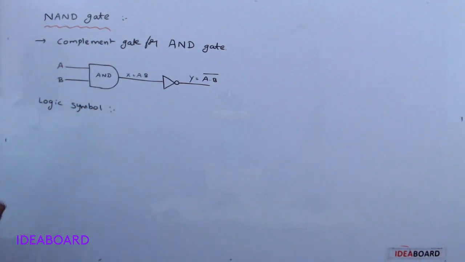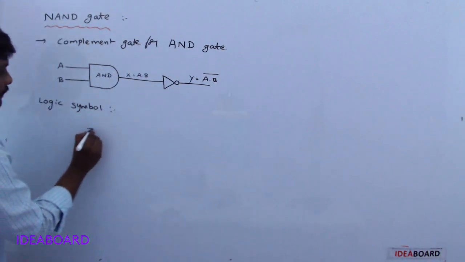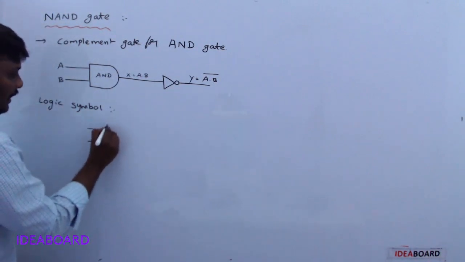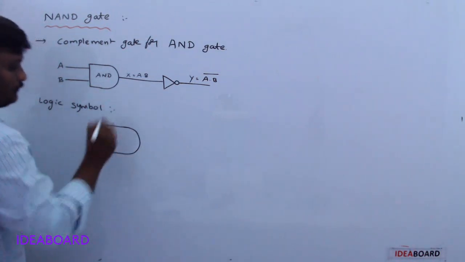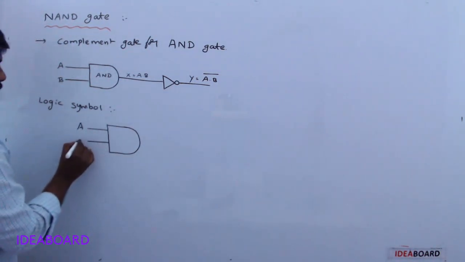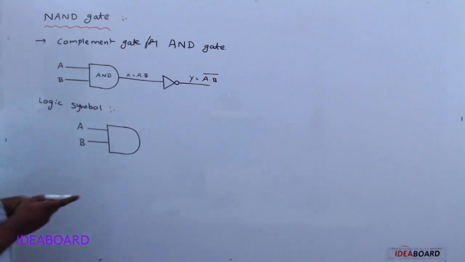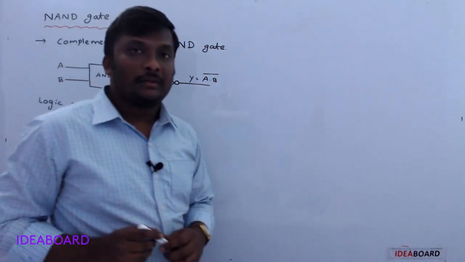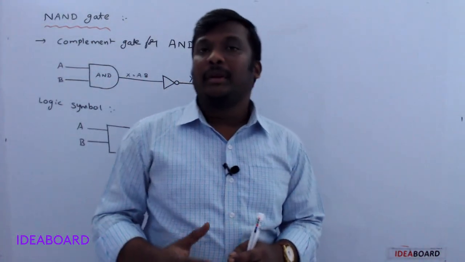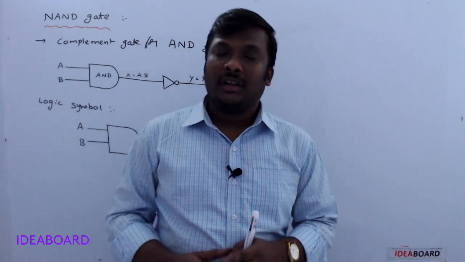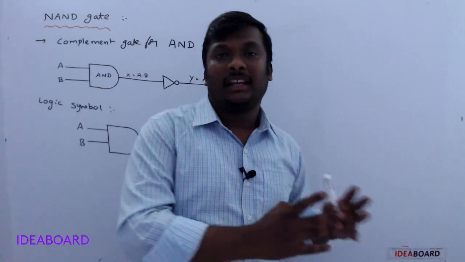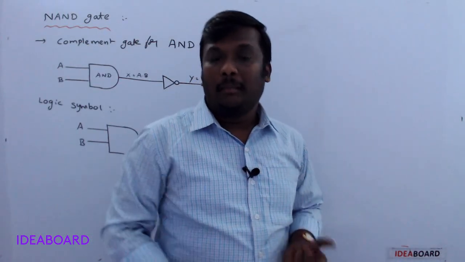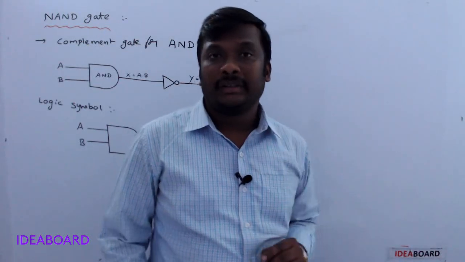So let us see the logic symbol. The logic symbol for the NAND gate is nothing but first draw an AND gate. It has two inputs A and B. We said in the previous gates also, minimum we require two inputs. You can take as many as n, like A, B, C, D, E, F up to n, but you get only one output.